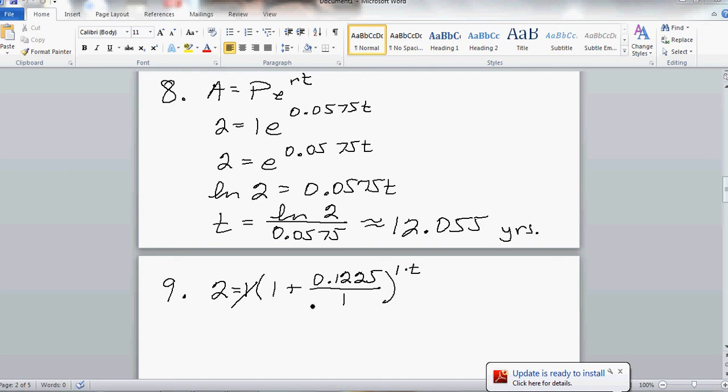And then let's simplify this. 2 equals 1.1225 raised to the t power. And here we have an exponential, so to get rid of it we need to take a logarithm, and we're going to take the log base 1.1225 of 2, which will equal t.